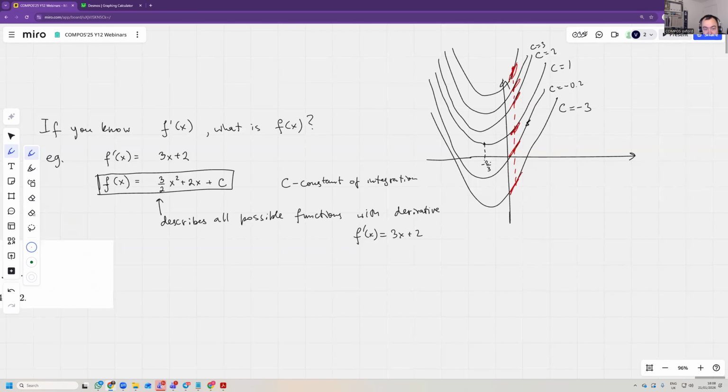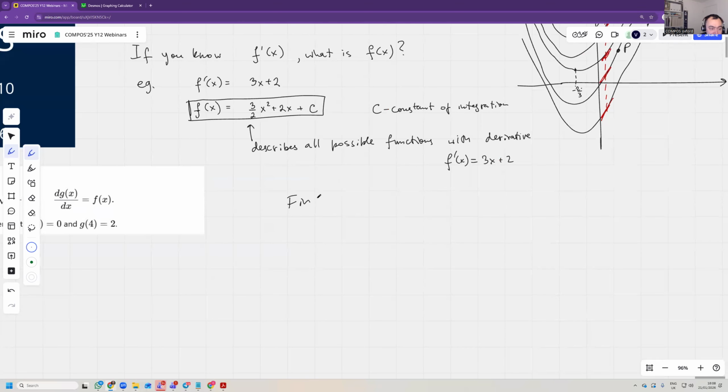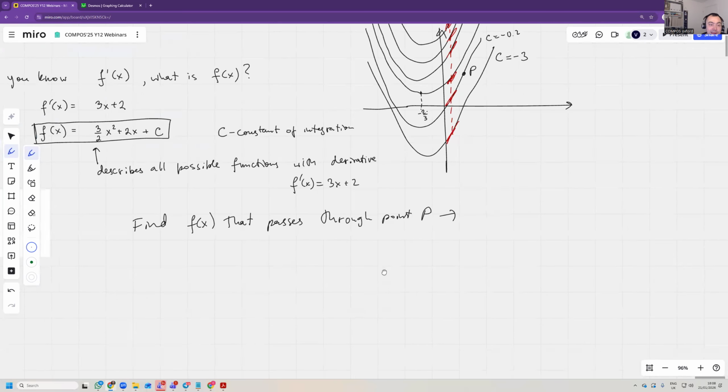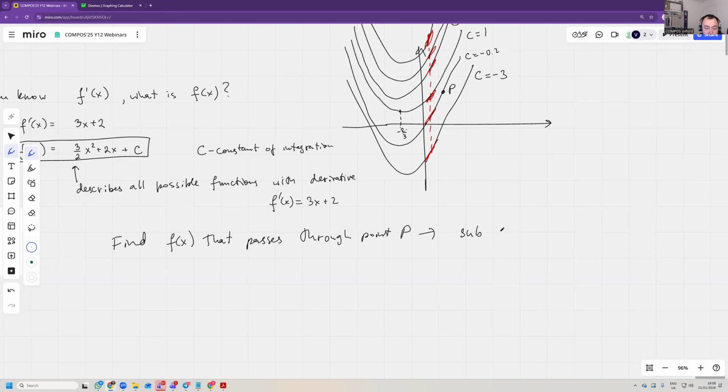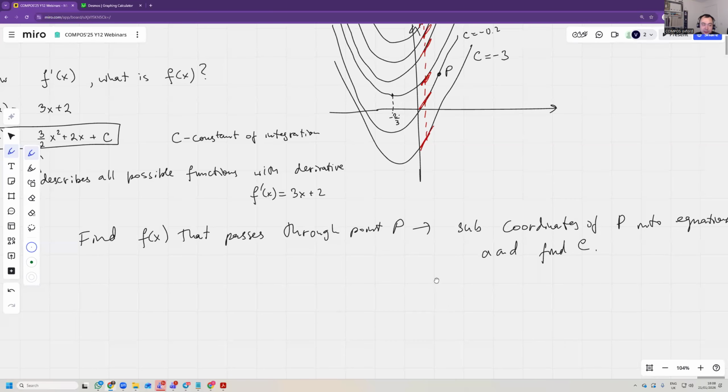Then you would say, well, if there's a given point P, there's only one of these curves that passes through point P. Find f of x that passes through point P. In that case, you substitute the coordinates of P into the equation and find C. That way you can work it out.